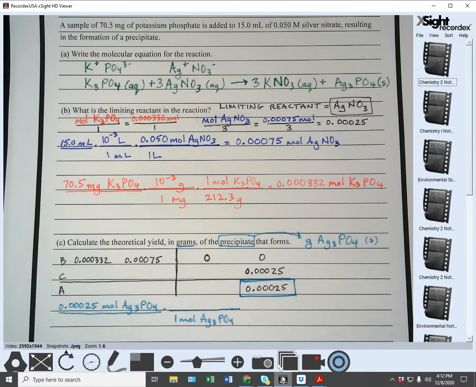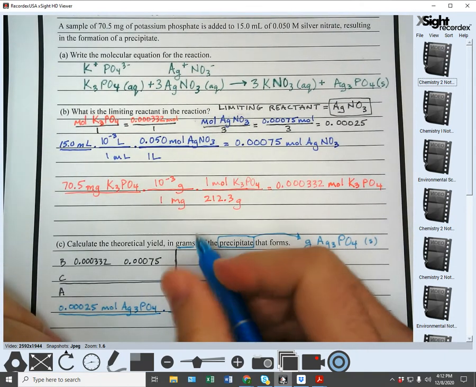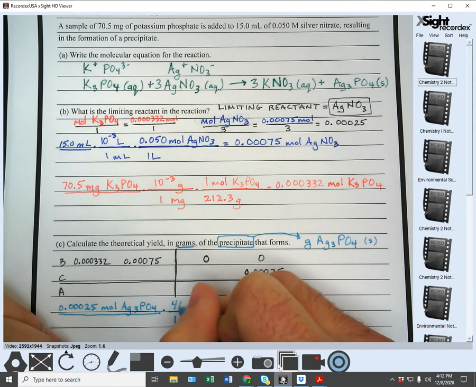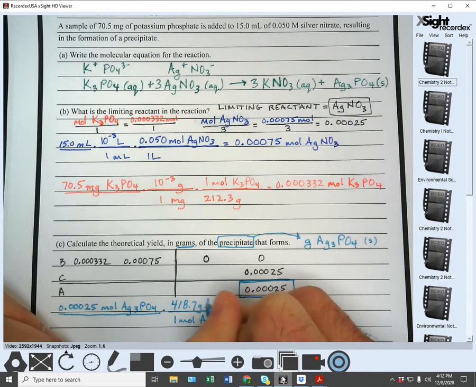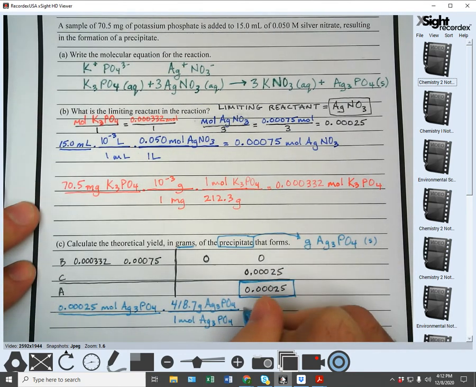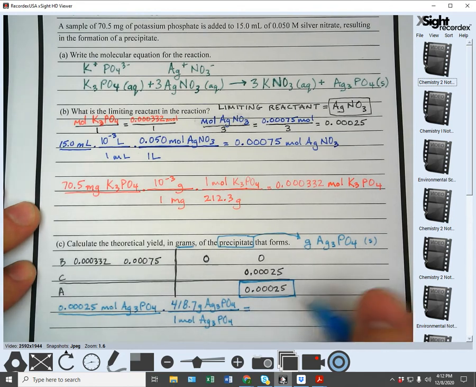Silver, Ag, is 107.9, so times 3, plus phosphorus is 31, and so on. So it's 418.7 grams for 1 mole of Ag3PO4.